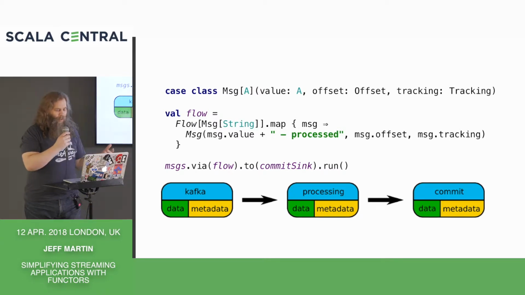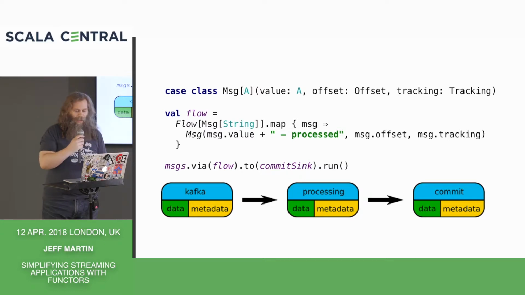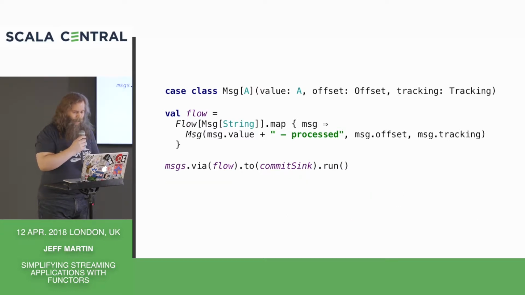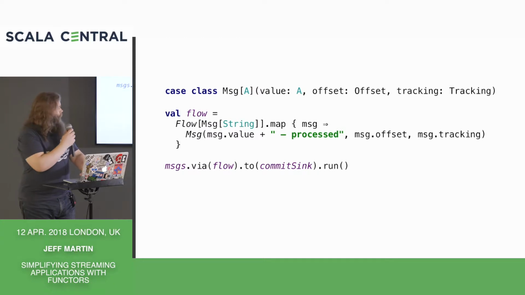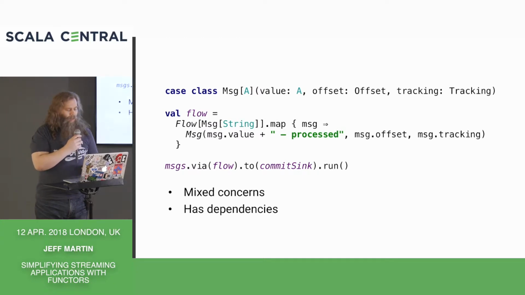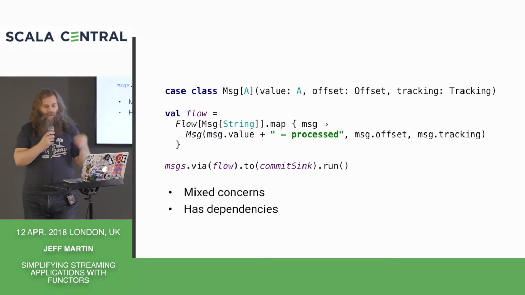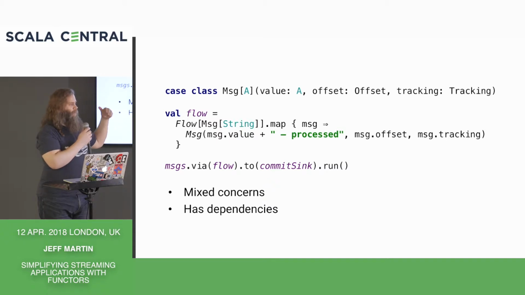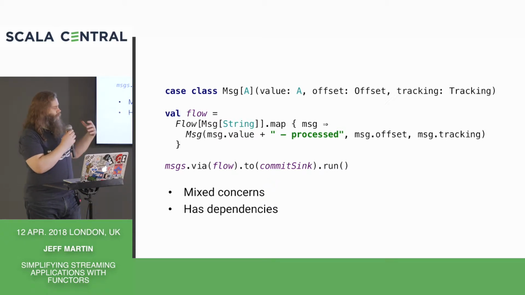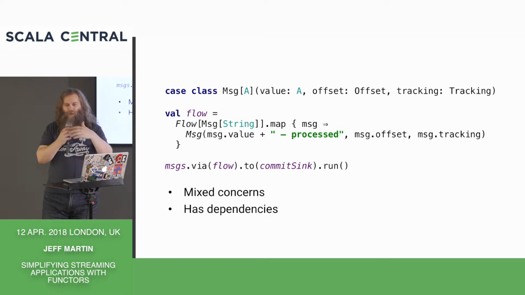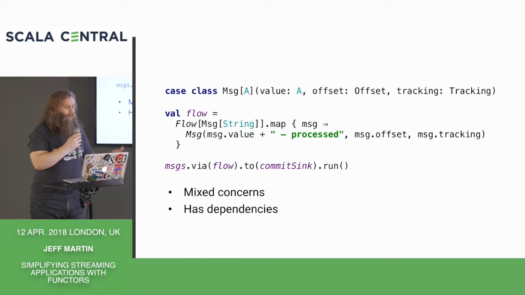So both concerns are available at any point in the flow. We have a mix of concerns, and we also have dependencies, in that things like the offset and tracking might be bringing in dependencies in terms of Kafka libraries, etc., other parts of the code base that we don't want to expose.